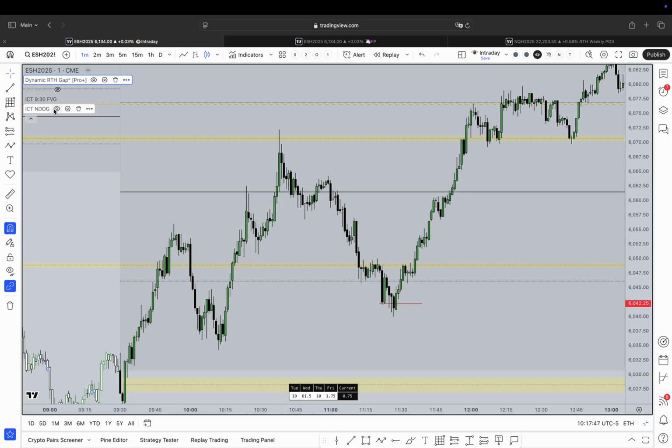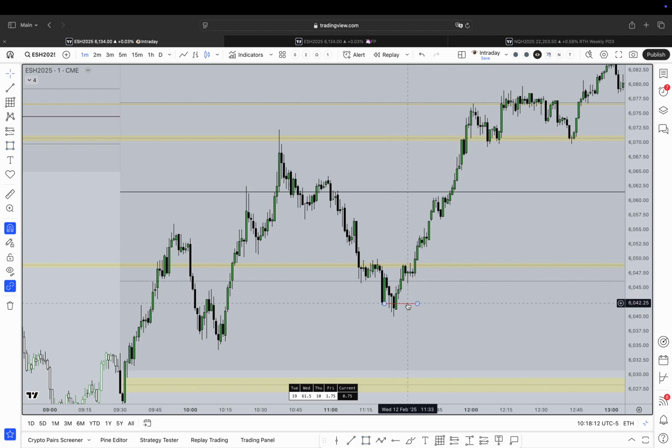So it was a reaccumulation inside of an area of fair value, and the structure is telling us that price wants to continue to move higher. You have the change in the state of delivery here, aligned with the 25%, this little line here. Tap into that little BC and move higher.